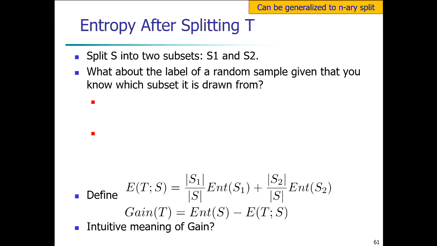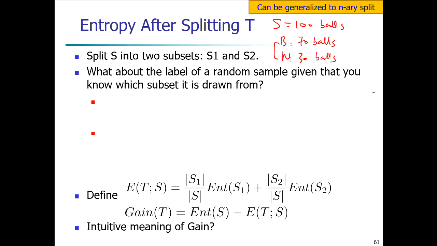So if I have a box, and S is still 100 balls, and this time I say there are 70 black balls and the rest are white balls, I can use entropy to characterize how uncertain the whole system is.